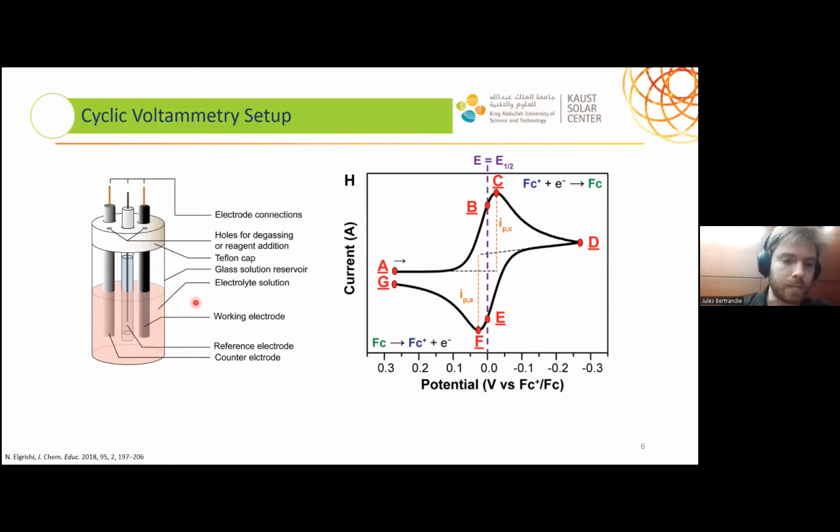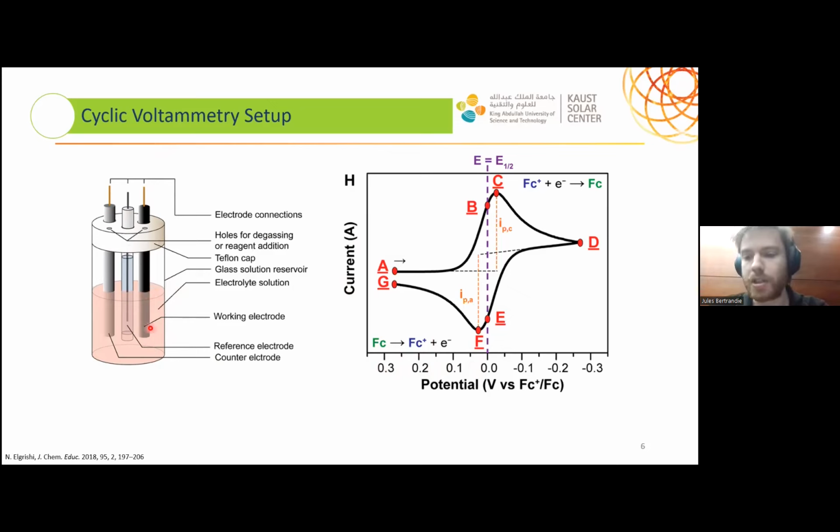The cyclic voltammetry setup is well known, quite inexpensive, and easy to build. You have a working electrode, a counter electrode, and a reference electrode, and all those electrodes are immersed in an electrolyte. On this setup, you apply a certain voltage and you gather a current.